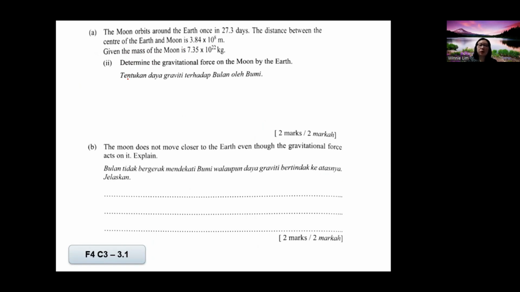Again, you actually can have another formula, but because in this question they didn't give you the gravitational constant, the big G, you can use the centripetal force formula to solve this question. So what is the formula for the centripetal force? F equals mv squared over R. Now in SPM, you all have all the formulas, but they just really give you the symbol.